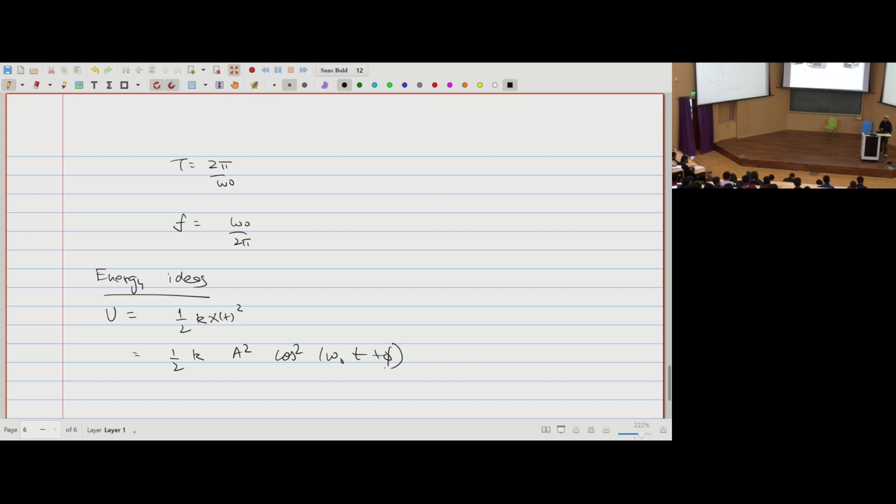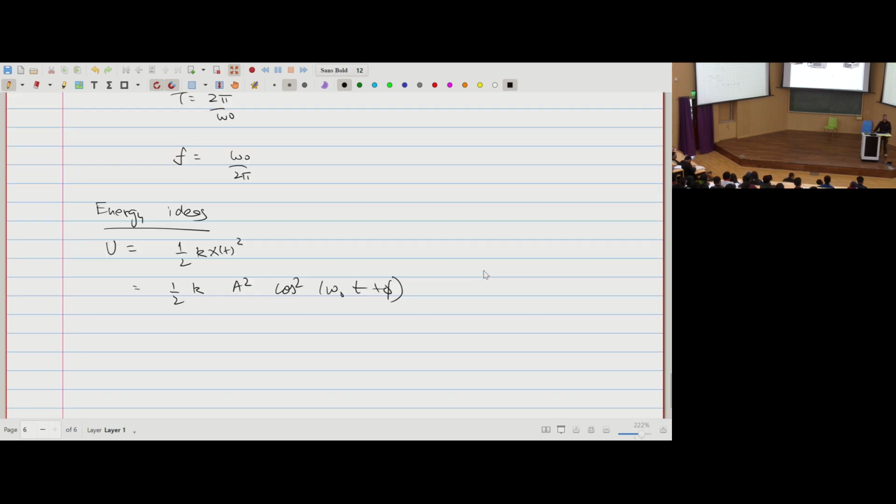So we just now wrote x as A cos omega naught t plus phi. So this will help us find the potential energy at any given time rather than any given position. Now if I know the time, I can substitute that here, and that gives me the energy of the system at that time.